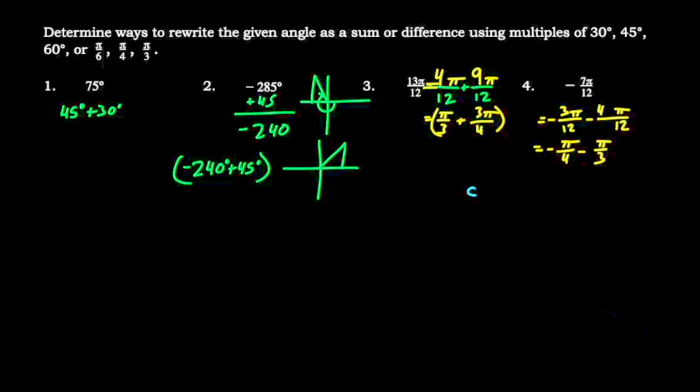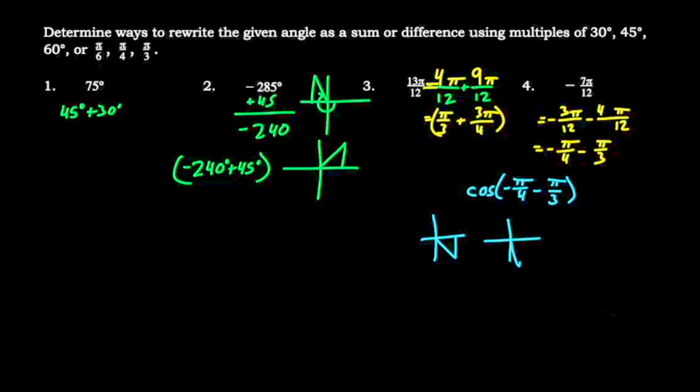Now, just a quick side note about a problem like this, if you had cosine of negative pi over 4 minus pi over 3, and you wanted to use those sum or difference identities to evaluate this, just be careful about, are you thinking about this as like a negative angle minus a positive angle, or are you thinking of it as a negative angle plus a negative angle? Personally, in a situation like this, I prefer to think of it as a negative angle, so negative pi over 4 would be here, and then plus another negative angle.